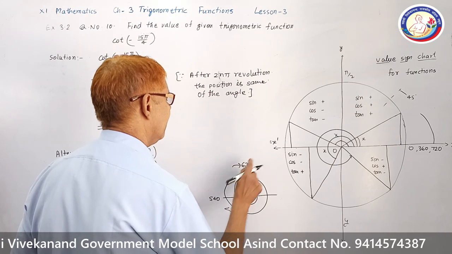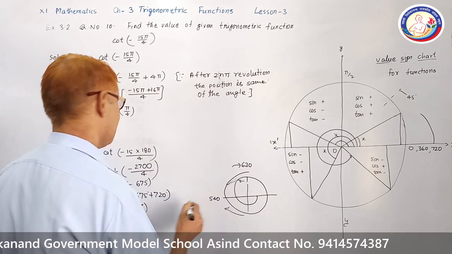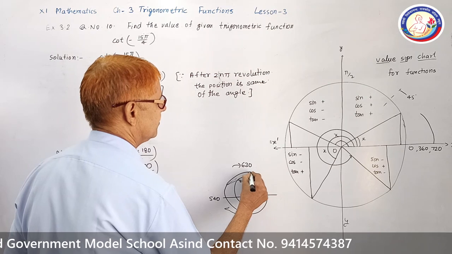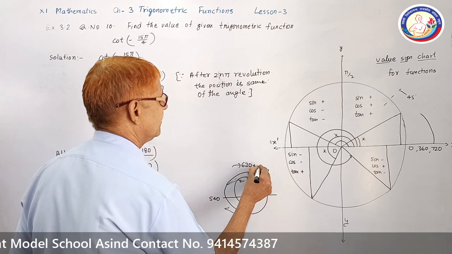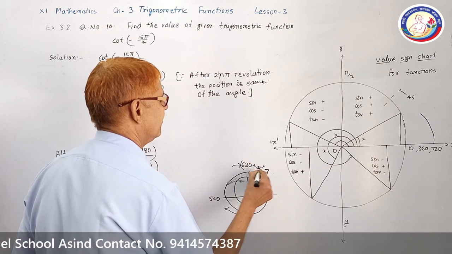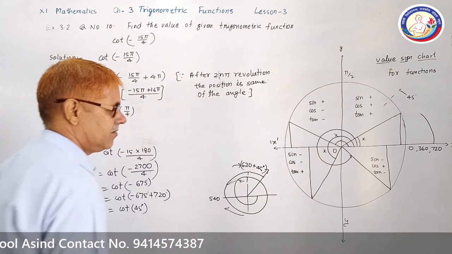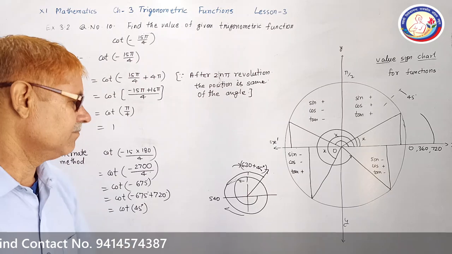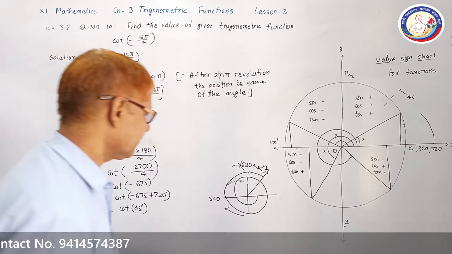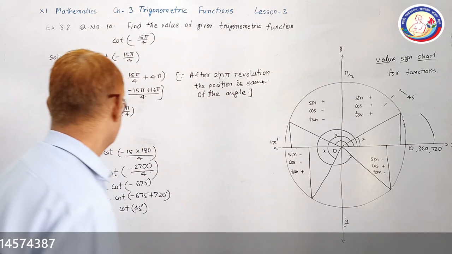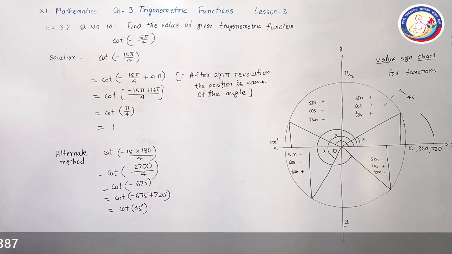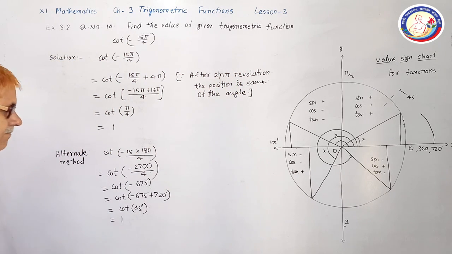And then 45 more from this, plus 45 degrees in negative direction. So this is the position of the revolving line. So the value of cot will be cot 45, which is 1. Thank you very much.